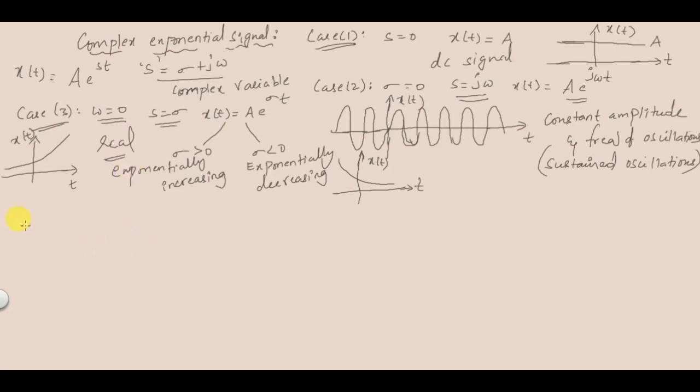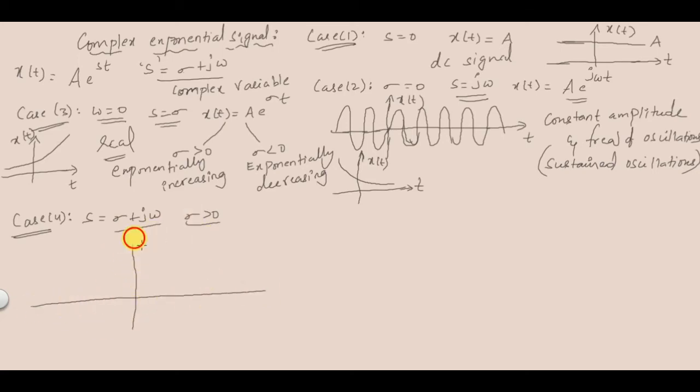Okay, so next is case 4. In case 4, we'll consider s is equal to sigma plus j omega and also sigma greater than 0. So when both sigma and j omega are present and sigma is greater than 0, how will the output waveform be?